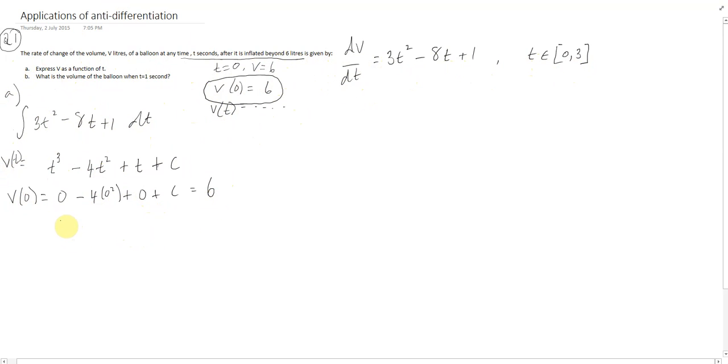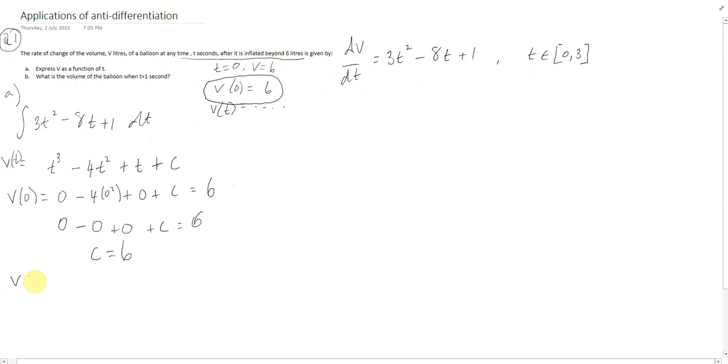So that's 0, 4 times 0 squared is another 0, plus another 0, plus c, equals 6. So therefore, c is equal to 6.